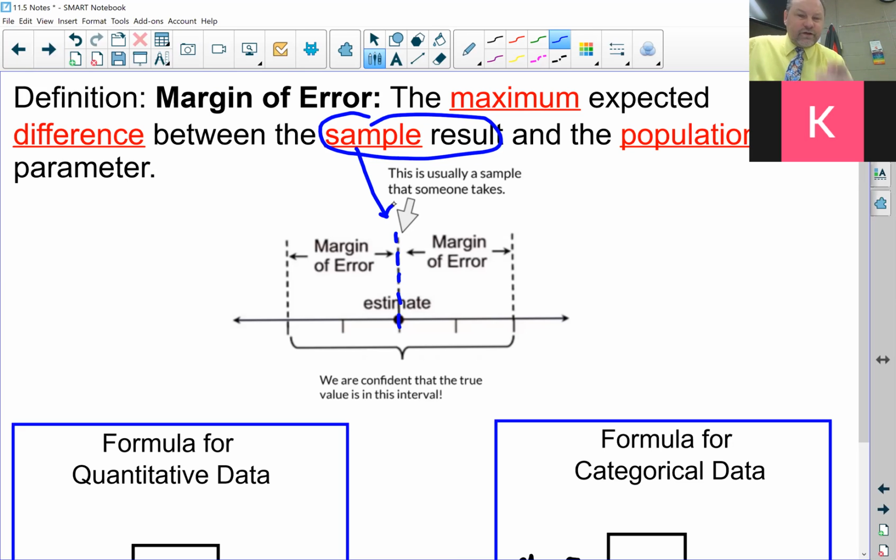And our margin of error, this is the range that we expect the actual population parameter to fall in. And we'll actually be able to say we can be certain to a specific percent of time where that is true based on our margin of error formula.